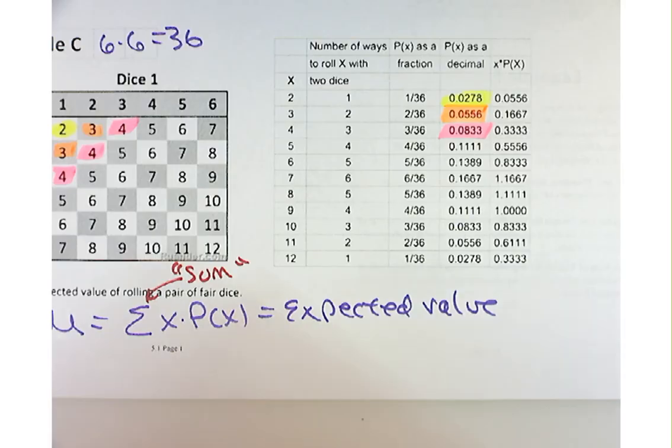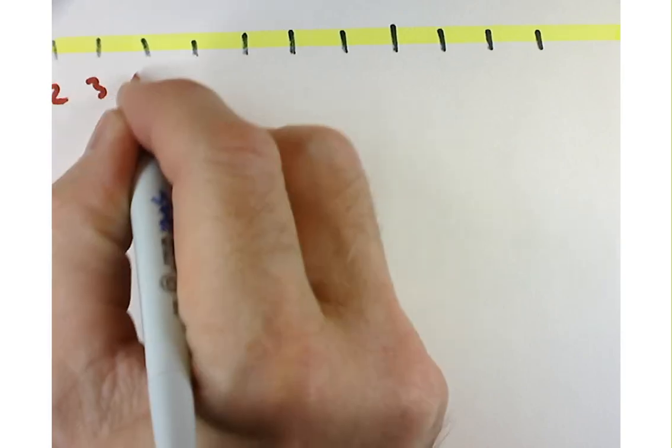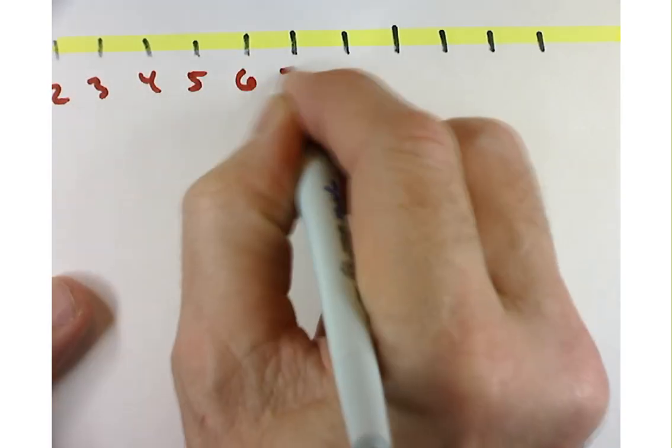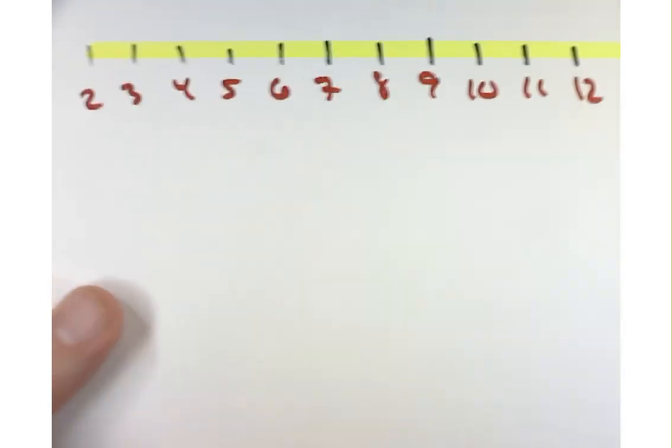So let's take a look at it numerically on the handout. 2, 3, 4, 5, 6, 7, 8, 9, 10, 11, 12.